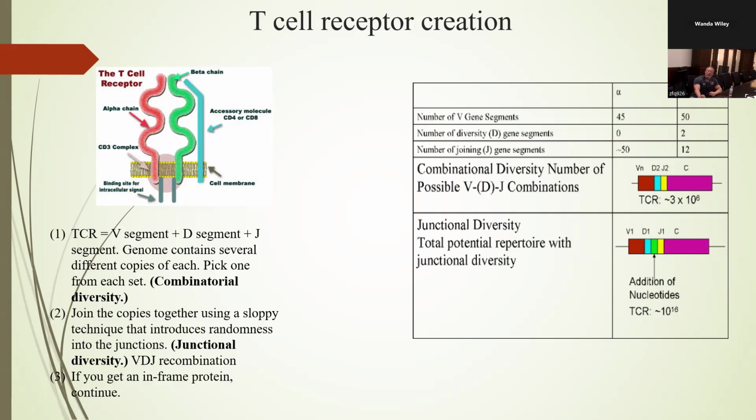And so these mutations cause different types of receptors to be formed. And when you get different types of receptors formed, these different types of receptors are then going to be exposed to antigen presenting cells. And then if the receptor works and it fits the pathogen, then that T cell gets saved. If that receptor doesn't bind to the pathogen, that T cell gets recycled.